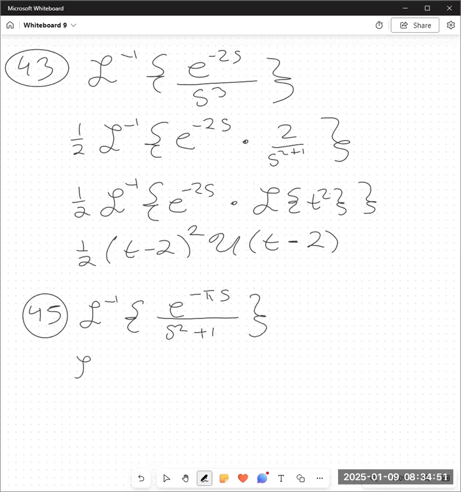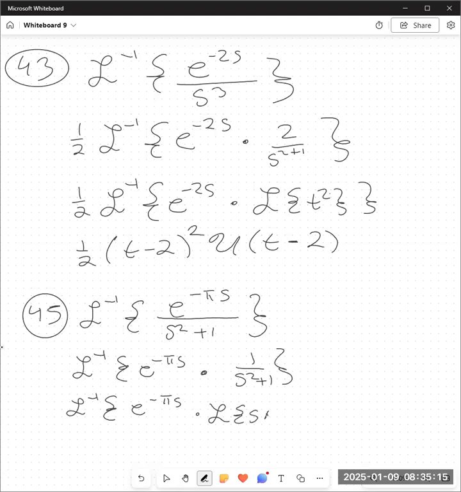So make that inverse Laplace transform e to the negative pi s times 1 over s squared plus 1 is inverse Laplace transform e to the negative pi s times Laplace transform of sine of t, which is going to be sine of t minus pi, unit step function, t minus pi.